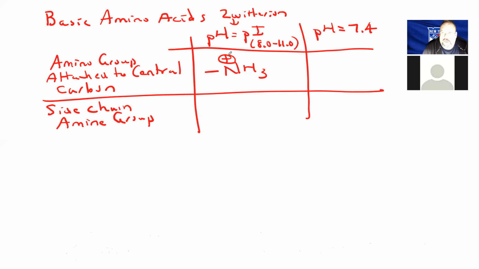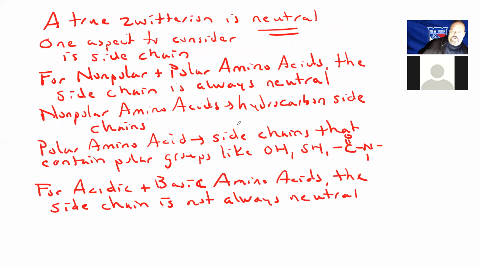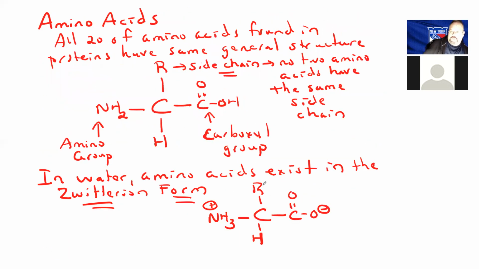But what about the side chain amine group? Well, again, if you're in the Zwitter ion form, independent of the type of amino acid, the side chain has to be neutral. So here, the nitrogen is only going to have 3 bonds. And because the nitrogen has 3 bonds, the nitrogen is neutral. So if the nitrogen is neutral, the side chain is neutral. And now again, +1 and -1 adds up to 0.